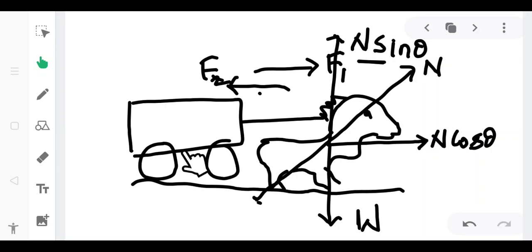The cart will be at rest until the combination of both F1 and n cos theta dominates the force F2.